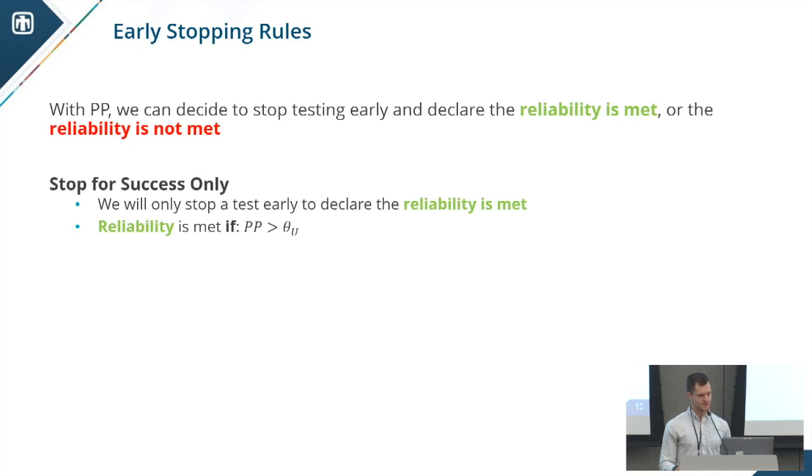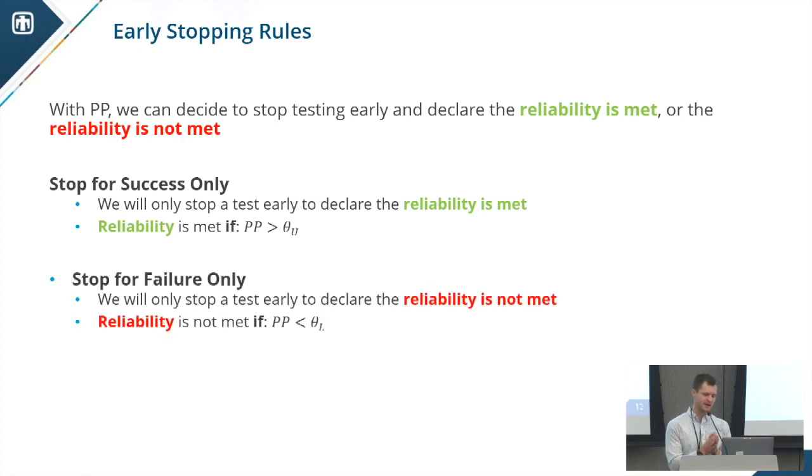If beforehand you say, I'm only going to stop to say the reliability is met, then you could track that predictive probability, and if it gets greater than some threshold, you could stop your test, save the remaining resources, and say my reliability requirement is met.